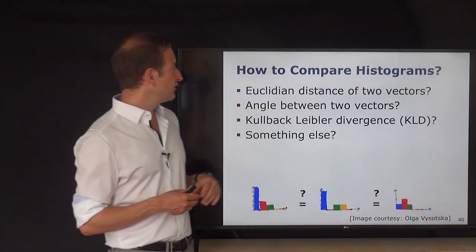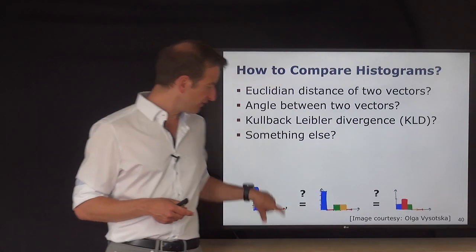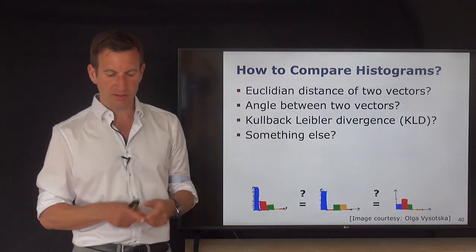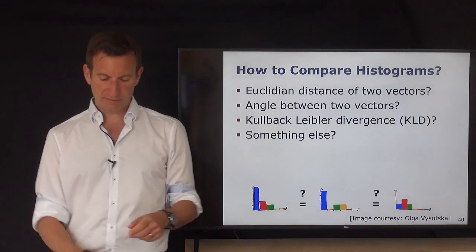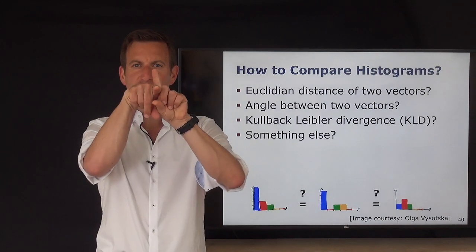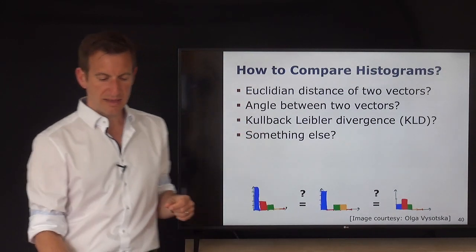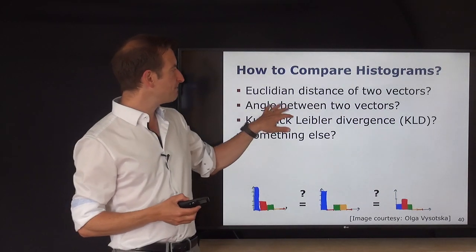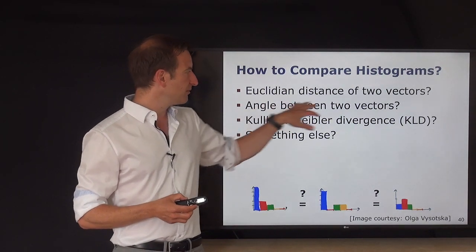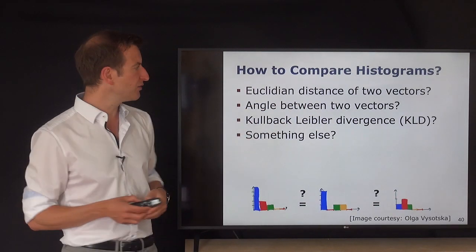Another alternative is to take the angle between two vectors into account. So I'm treating those histograms again as vectors, and then I'm looking at the angle between those vectors. If two vectors are orthogonal to each other, it's maybe a large distance, and if they point in the same direction, then they may be very similar. So what we typically use is the so-called cosine distance, where you take the cosine of the angle into account.